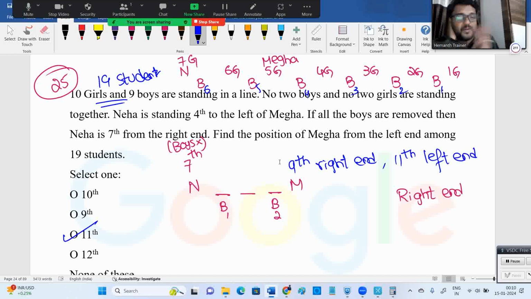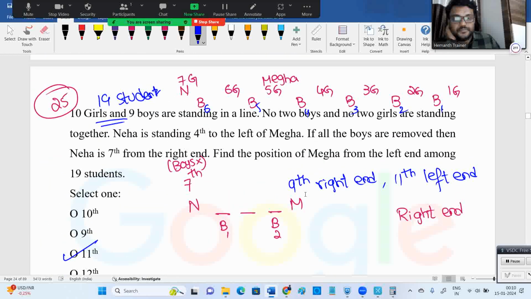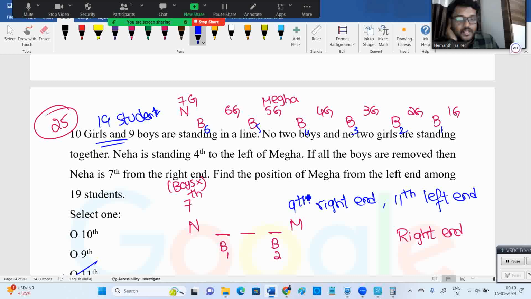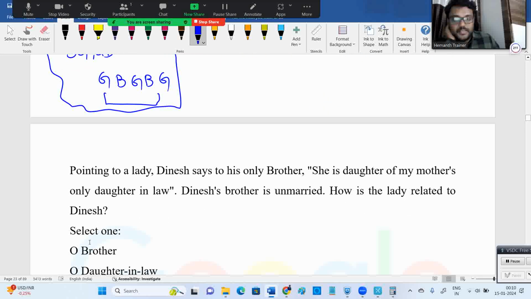Ninth from right and 11th from left, adding those two minus 1 should equal the total. 11 plus 9, 20, minus 1 is 19. So 11th from the left is correct. Megha is 11th from the left and ninth from the right. Please be careful.